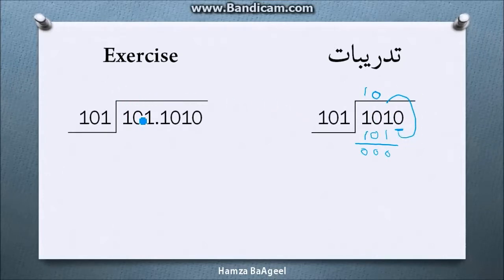Now we start with the decimal one that has decimal here. نشوف القسمة اللي فيها أعداد اللي فيها الفاصلة. نبدأ نقسم. 1 0 1 1 0 1 فيها الواحد.